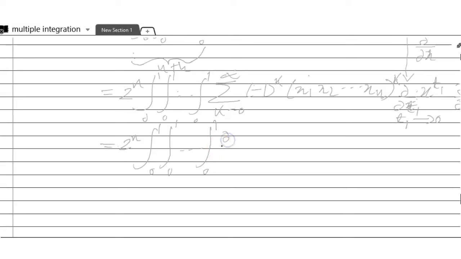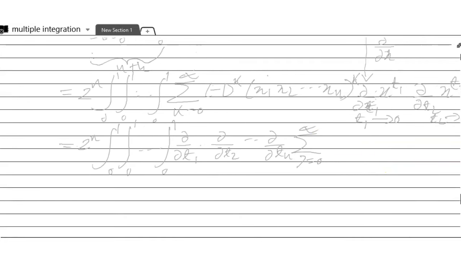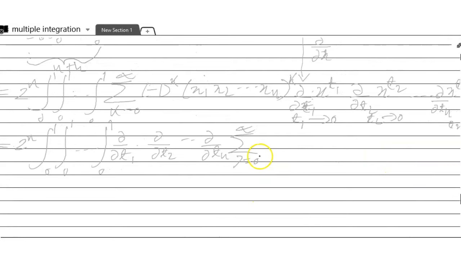We get del del t1, del del t2 up to del del tn, summation j equals 0 to infinity of minus 1 to the power j.